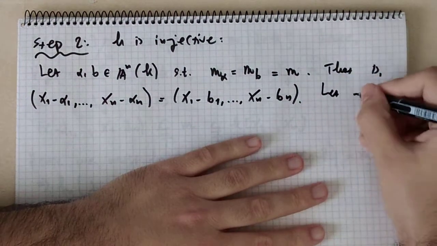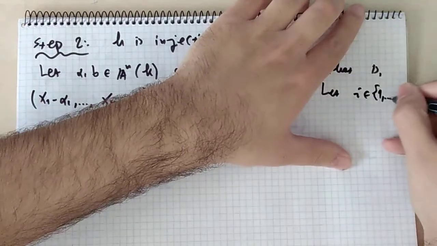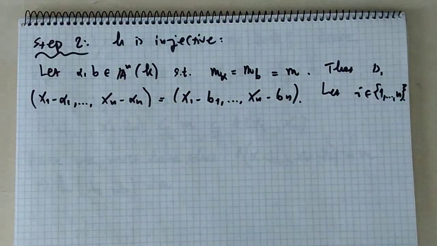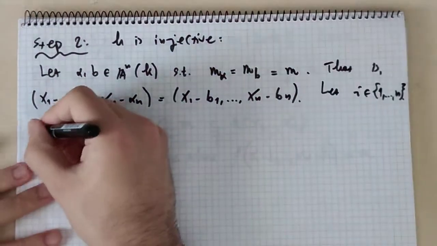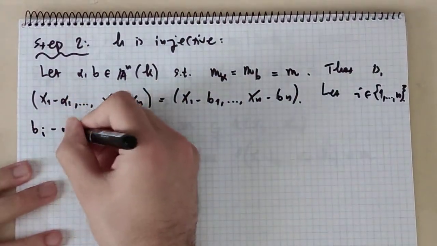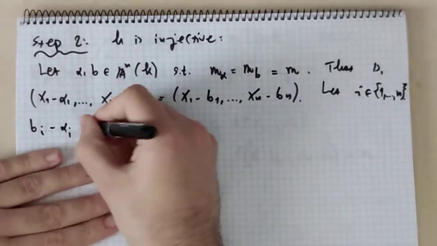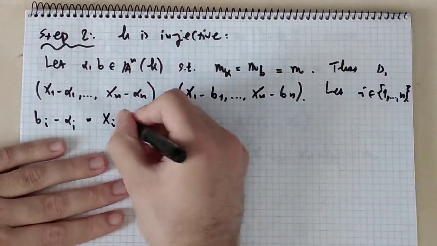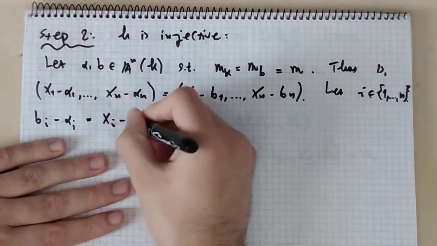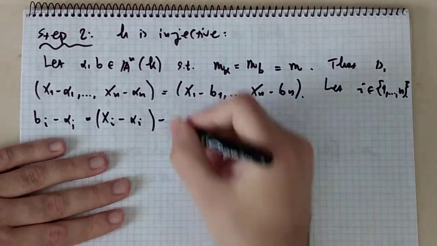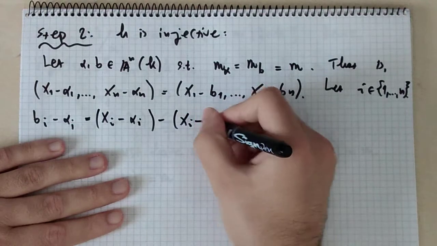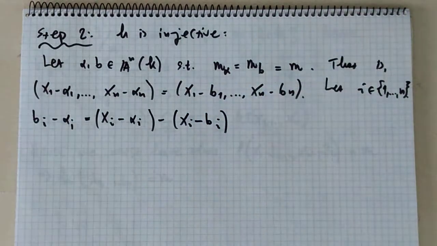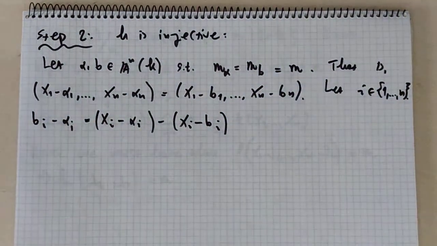So let i be an arbitrary number between 1 and n. And we notice the following. If I consider bi minus alpha i, this is exactly equal to the following: xi minus alpha i minus xi minus bi, right? Because the xi's cancel and we get bi minus alpha i.